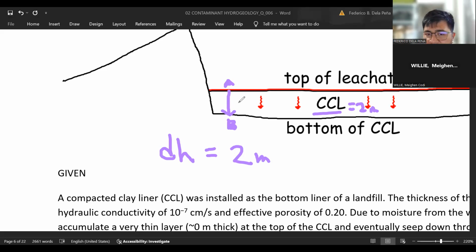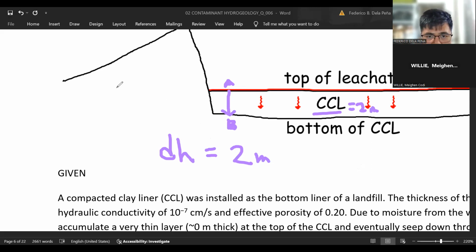We also have to know the flow path length. Normally the flow path length is commonly a horizontal line. But for hydrogeology, the flow path length is essentially just the straight line direction of the flow path.